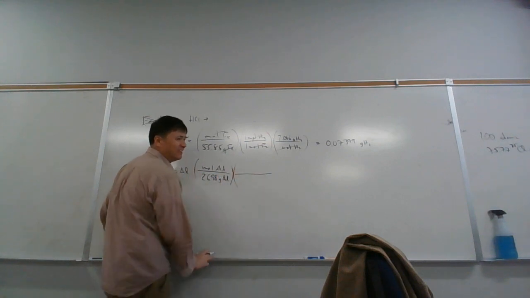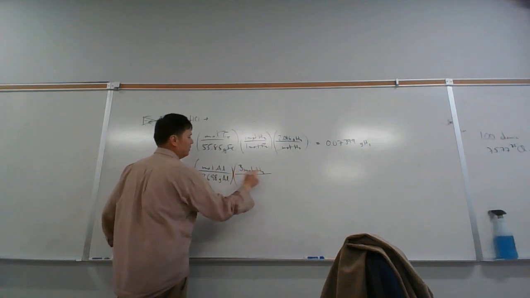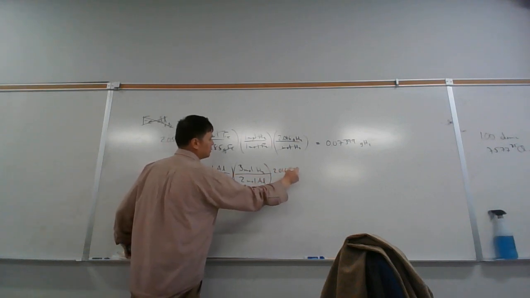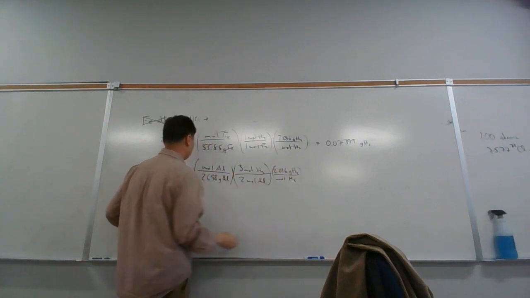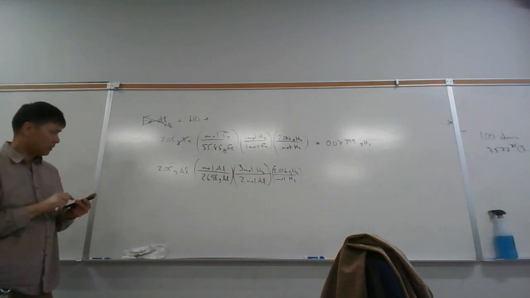And then what's the mole ratio here? Yeah, 3 moles of hydrogen to 2 moles of aluminum, and the same molar mass, 2.016 grams of hydrogen per mole of hydrogen. Okay. That's where I messed up. I did 2 over 3, not 3 over 2.